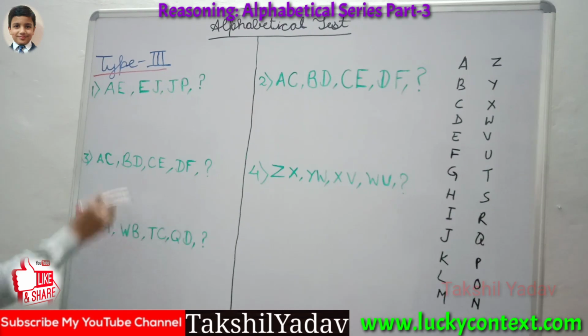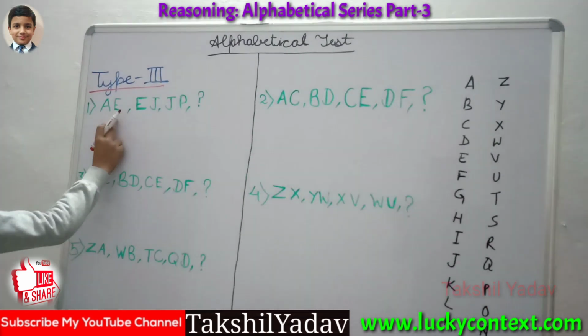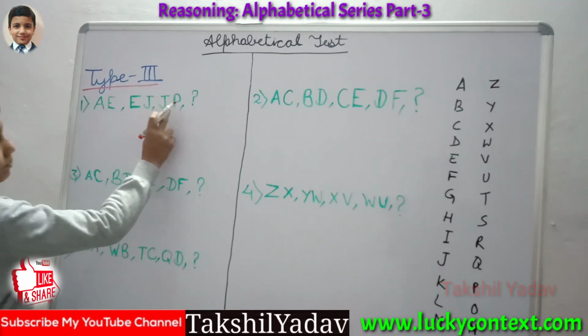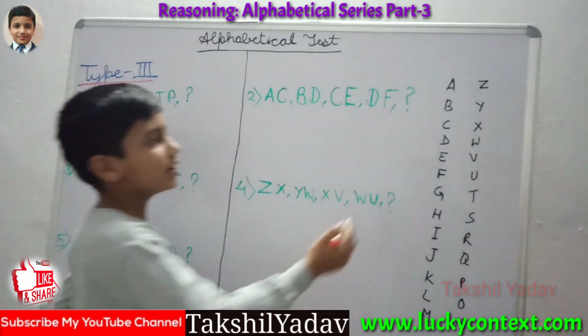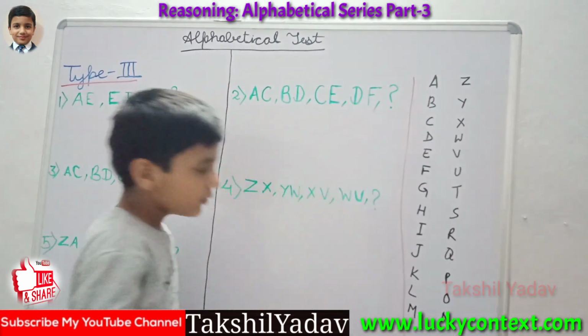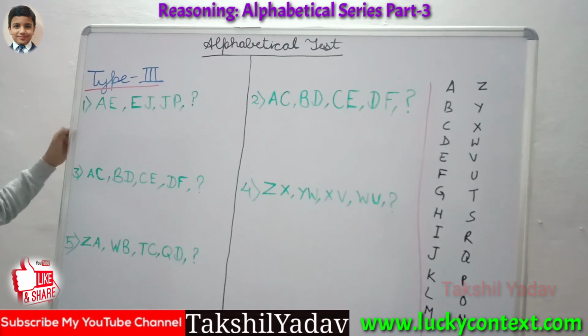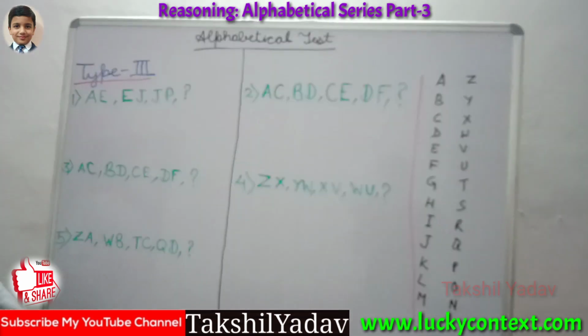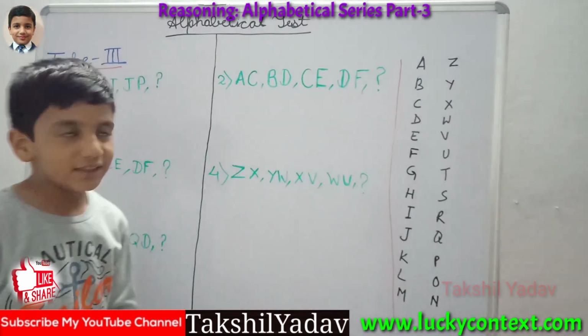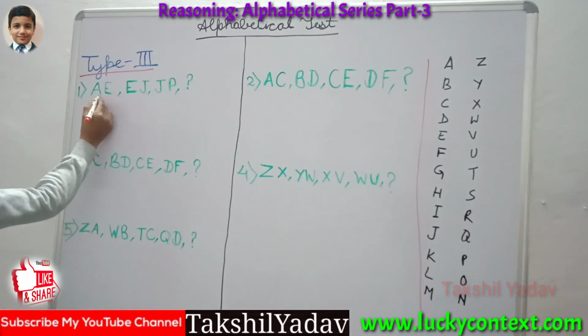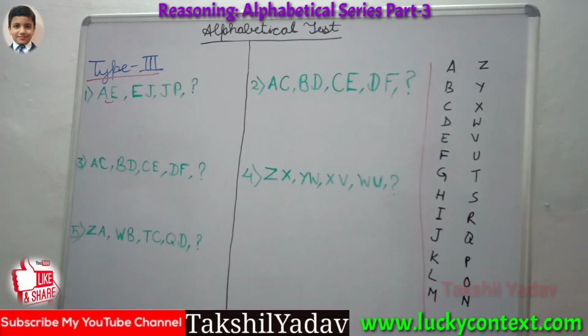So the first question is AE, EJ, JP. So here are the alphabets. We'll proceed with these questions with the help of these alphabets. So let's start. AE. What is the relation between AE?